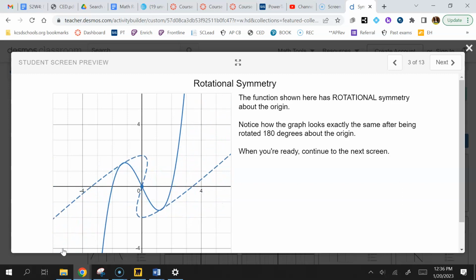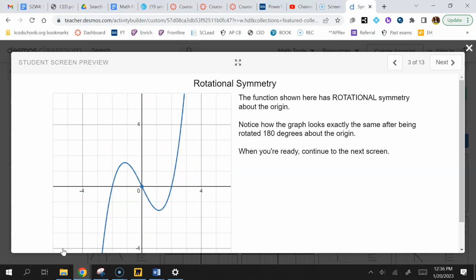The y-axis, yes. That's just saying that it's symmetrical. I don't think it's a line.